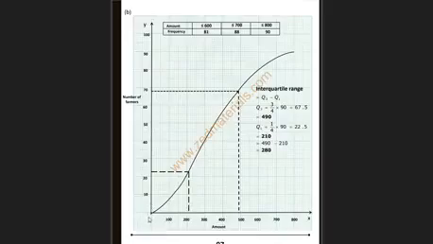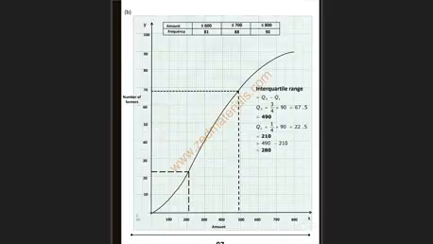So this is 0 here. From 0 to another box, that will be counted as 100. So we'll be moving in 100, 200, 300, 400, 500, 600, 700, 800, maybe even 900.